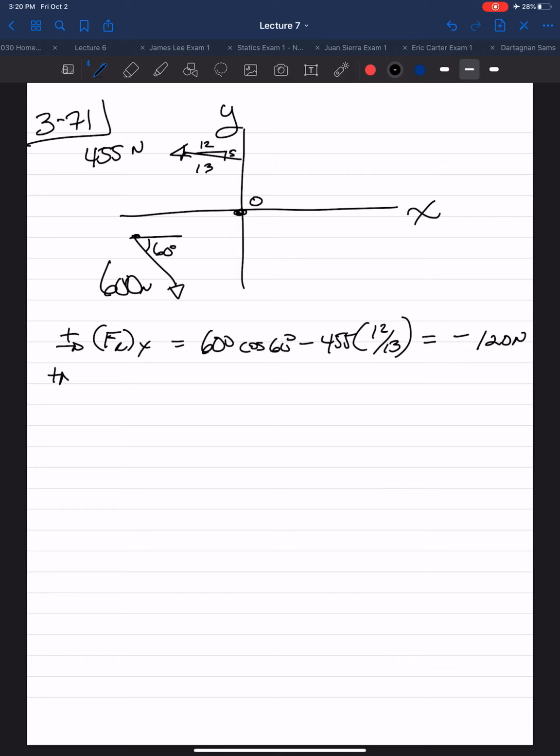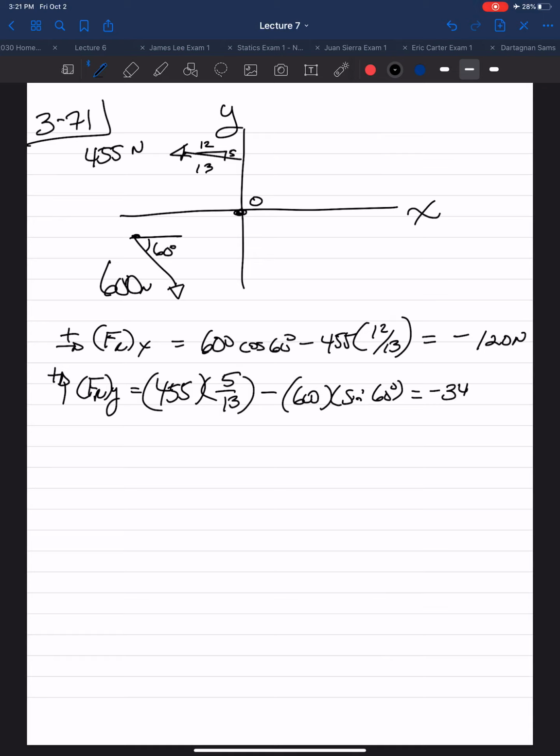In the y direction, this would be the 455 newtons, which is in the positive y direction, times the 5/13 leg ratio, minus the 600 times sine of 60 degrees. This gives you negative 344.6 newtons.